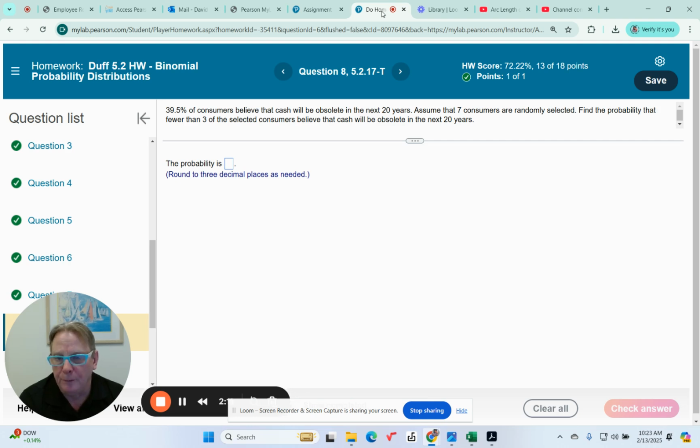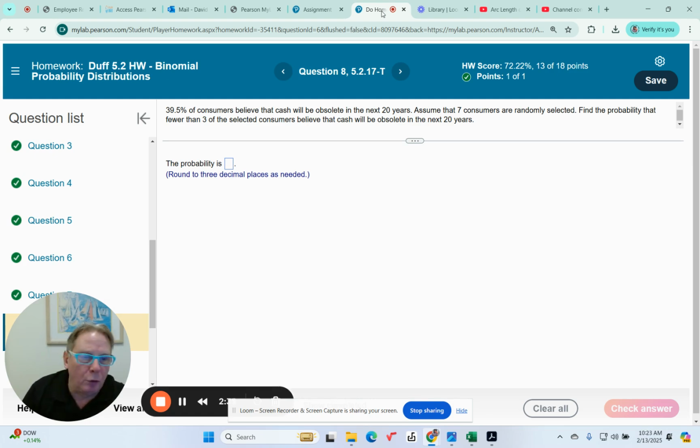A failure would be a consumer does not believe that. So the probability that a consumer believes that, we have to move the decimal place to the left by 2, since they are giving us a percentage, right? So the probability is equal to 0.395.